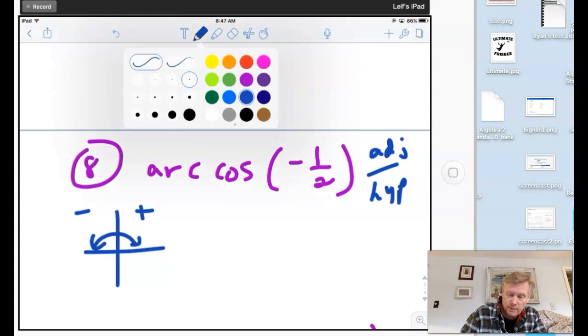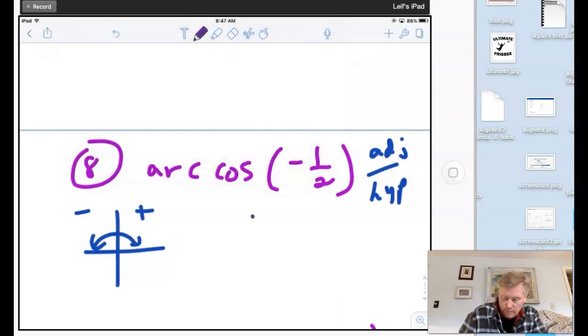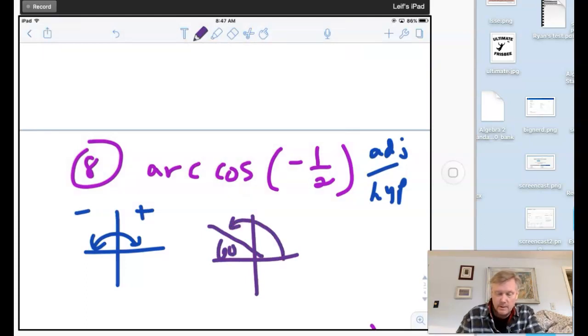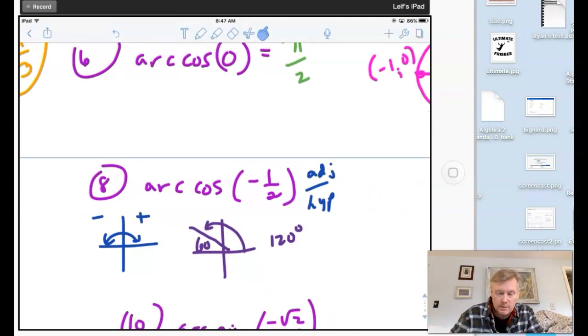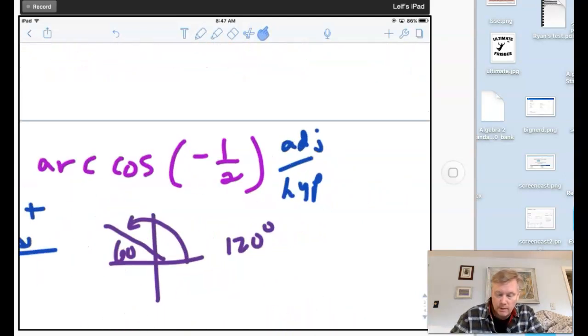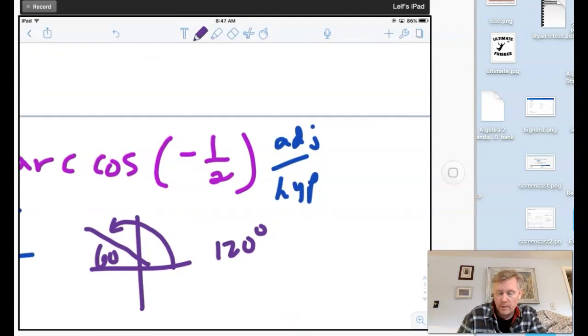So if I take my triangle, I go like this. If this is 60 degrees, then how many degrees is that? That would be 180 minus 60, which is 120. But now I need to turn it into radians. If you've forgotten this stuff, you can multiply by pi over 180 and reduce.